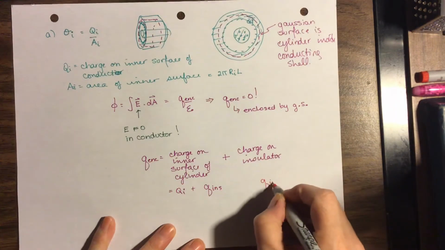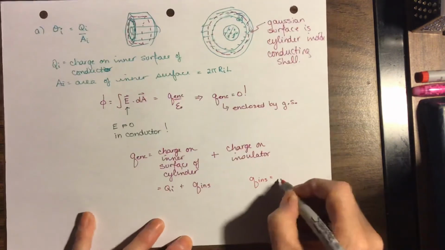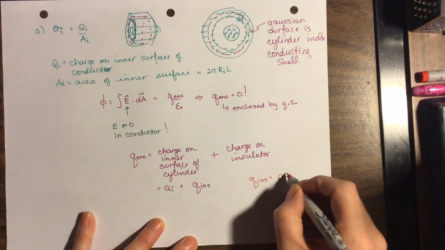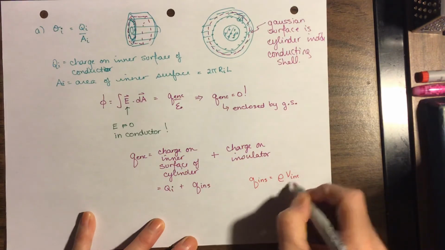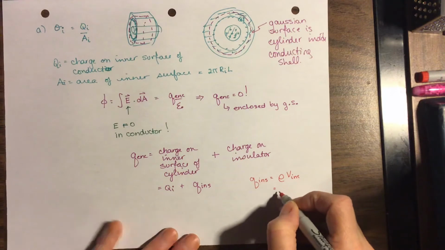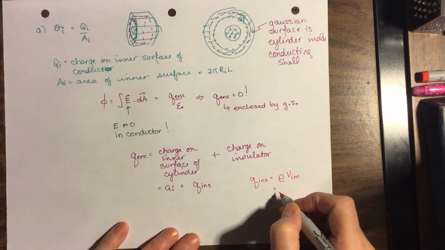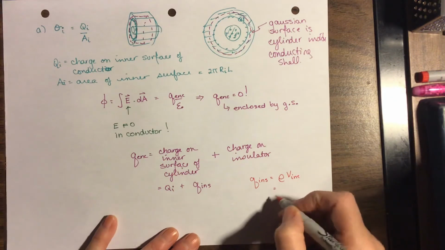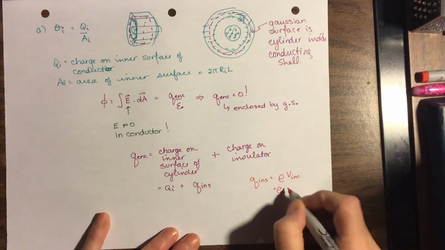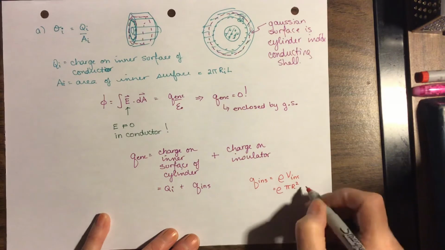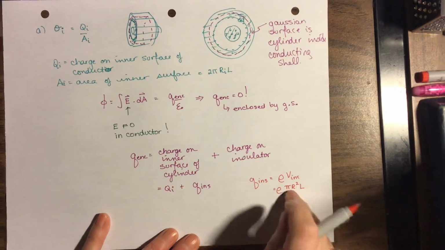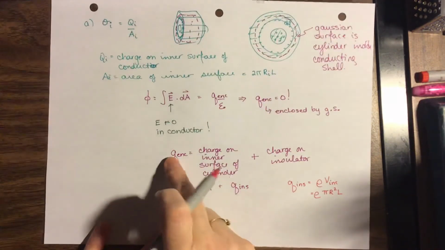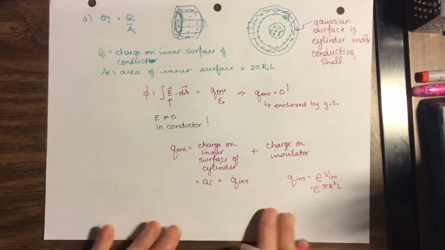Q of my insulator equals density of the insulator times the volume of the insulator. Density of the insulator is given as 300 microcoulombs per cubic meter. And the volume of my insulator is pi times the radius of the insulator squared times its length. Okay, that's going in for my Q insulator. My Q enclosed is 0. I'm going to solve for Qi.